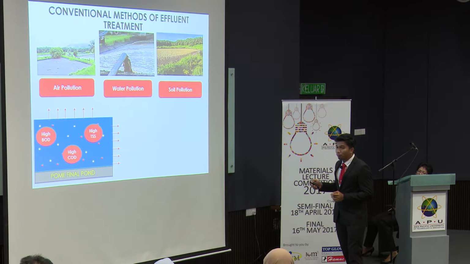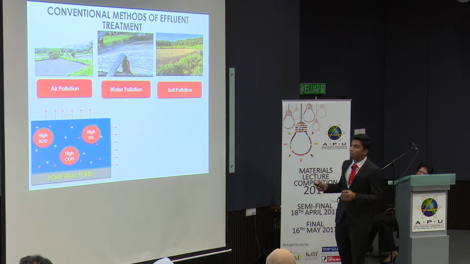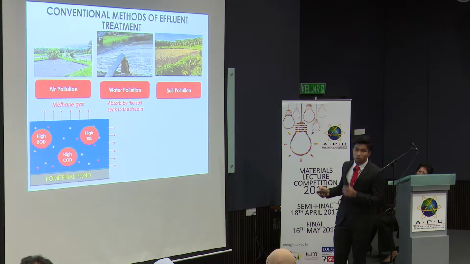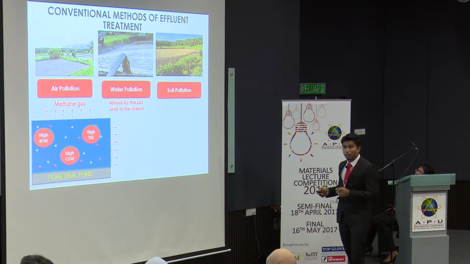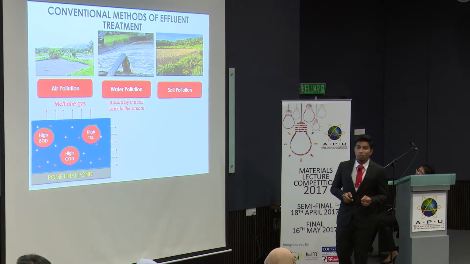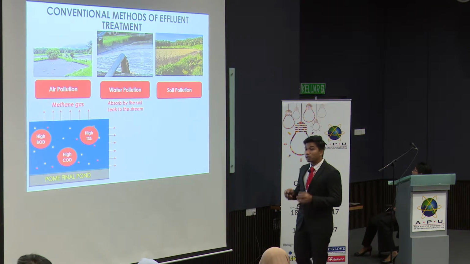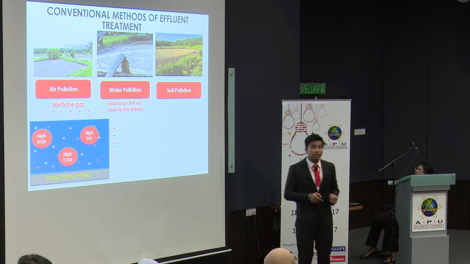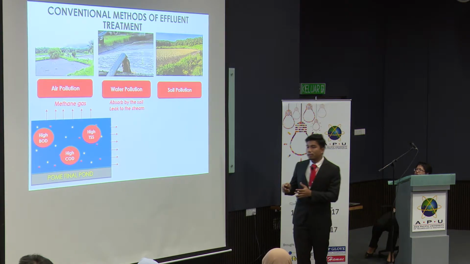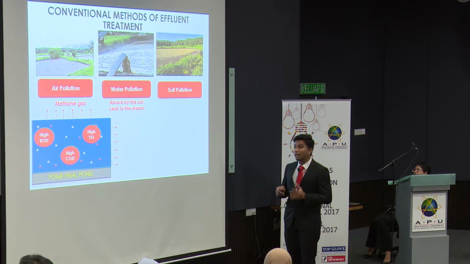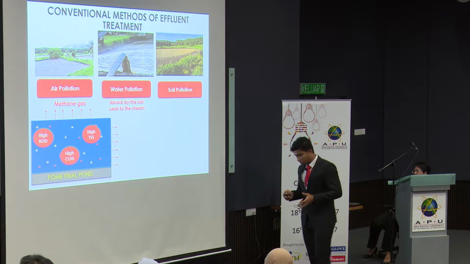Since the final pond is inefficient to keep the POME, some of the POME might be absorbed by the soil and some of it might leak to the stream. Before the anaerobic process occurs, an aerobic process will occur. During this process, oxygen depletion will occur inside the water body, and in the long run, this will cause water pollution, indirectly soil pollution.